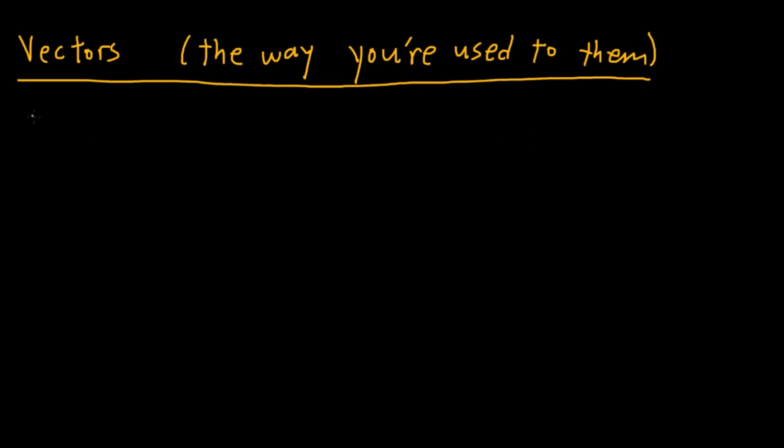All right. So these vectors also have something called a dot product.